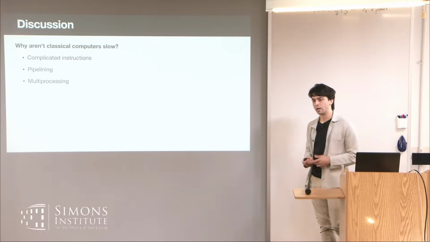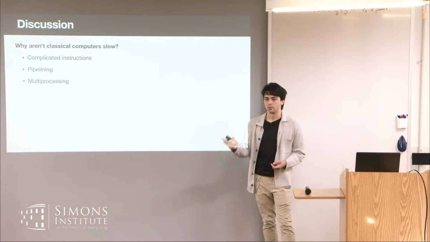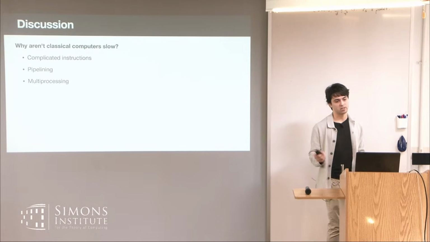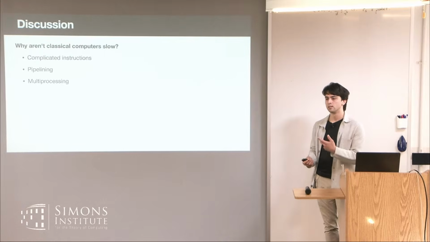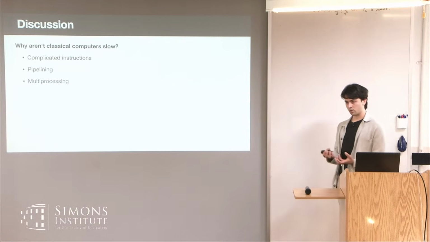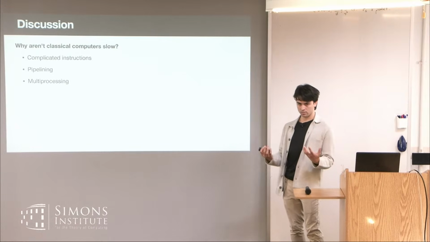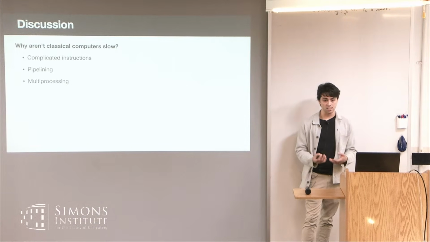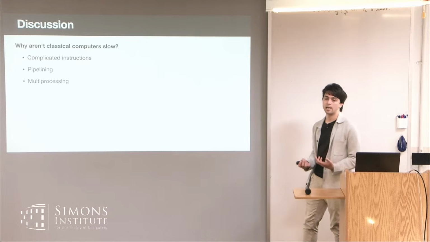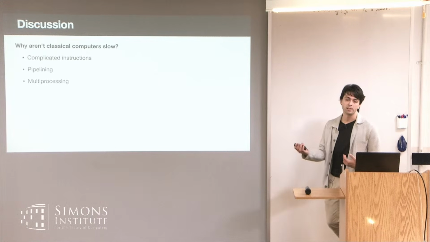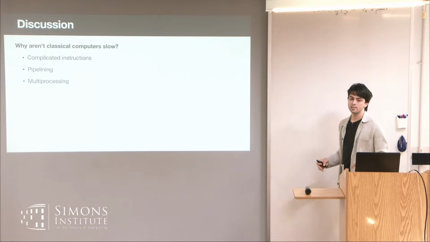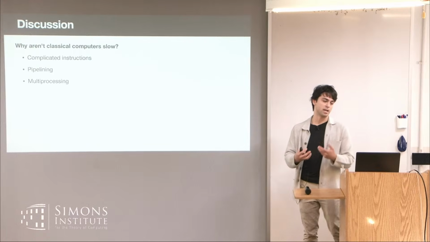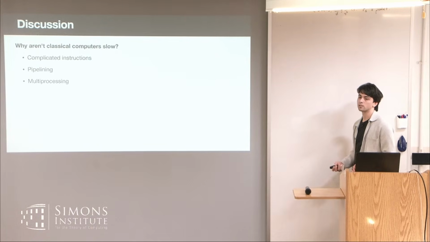There's also this idea of pipelining, which is that before the previous instruction finishes executing, you are already executing the next instruction. Actually, we were secretly using that idea previously. And then you can also have multiple cores, right? A modern classical processor might have anywhere from 10 to potentially a few hundred cores, and those cores are working on independent pieces of the classical circuit that you're executing. And you can imagine something similar here.